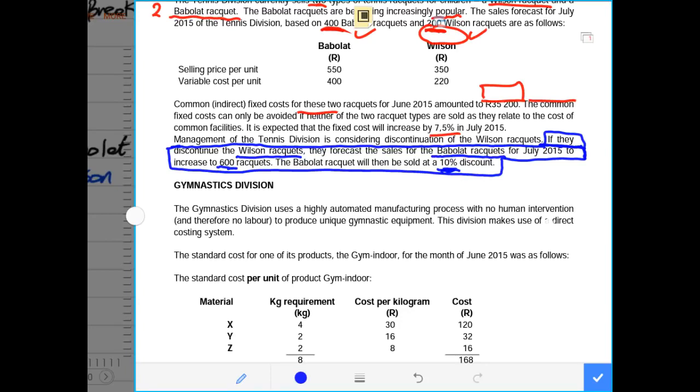Meaning the selling price of 550, which was the selling price of Babolat, will decrease by 10%. We know that the sales will go up to 600. However, the sales have no relation to the calculation of the break-even point. It will be needed a bit later on.